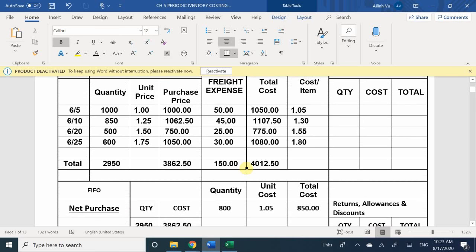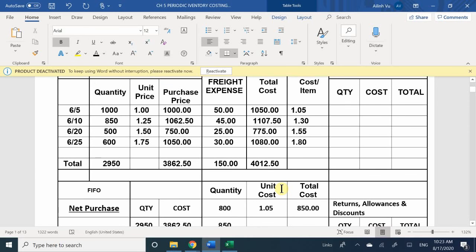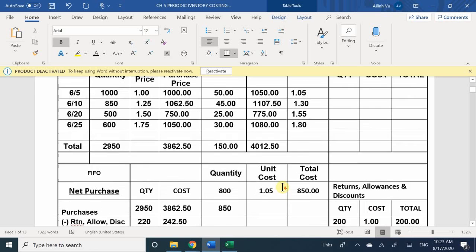My second batch of 850, I still do have 850. But this time I need to take out my discount of $12.50. So this is where I messed up here. I forgot to include that. 850 gives me a grand total of 1107.50.